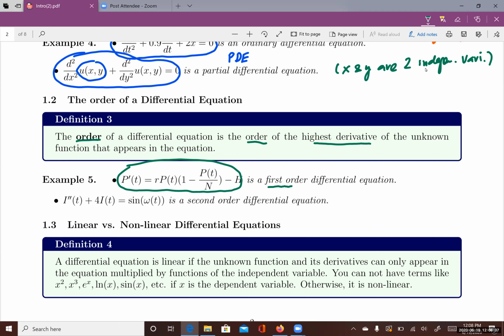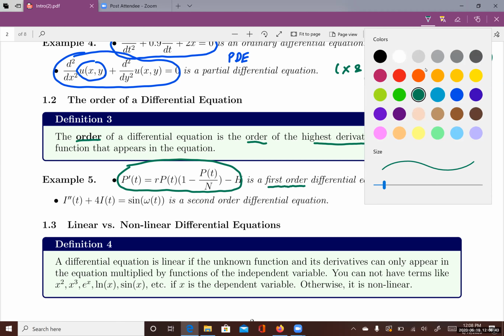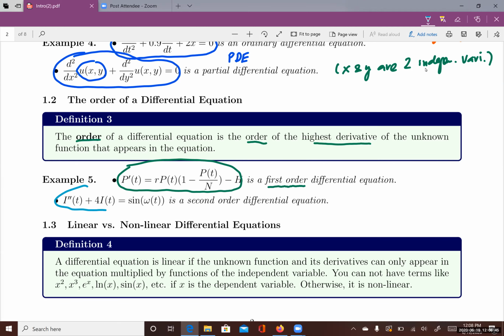So this is a first order differential equation. If you look at the second equation, the beat equation, the highest derivative of I of t is 2. That's why this is a second order differential equation.